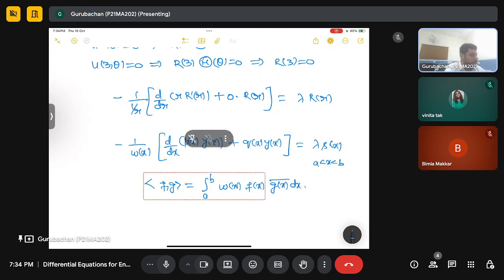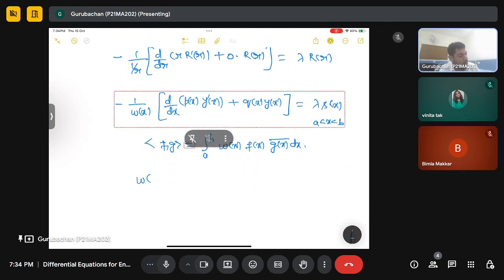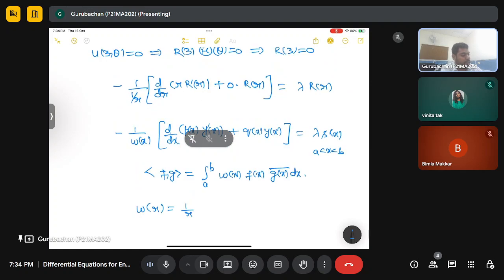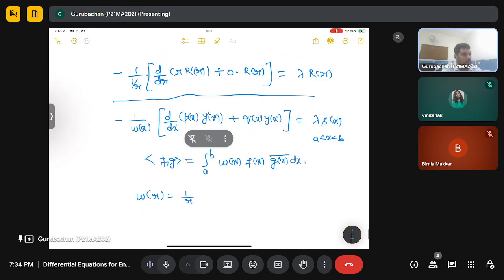Cool. So next is here your this function is in terms of r, so it will be 1 by r, and your equation will be like this. So you have to divide the cases with respect. I just wrote to get the weight function.